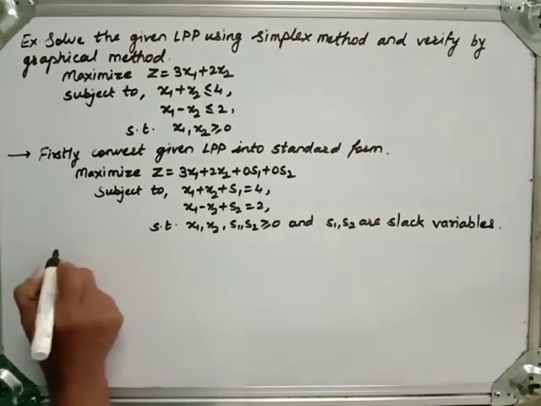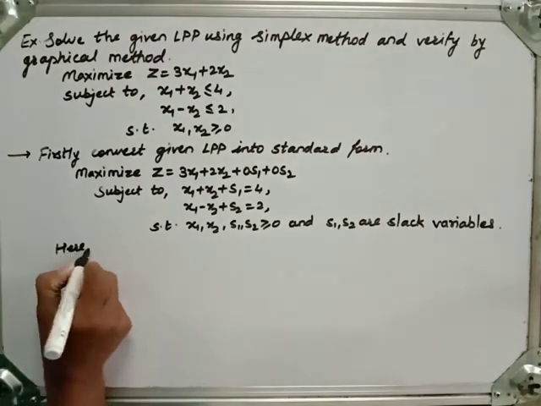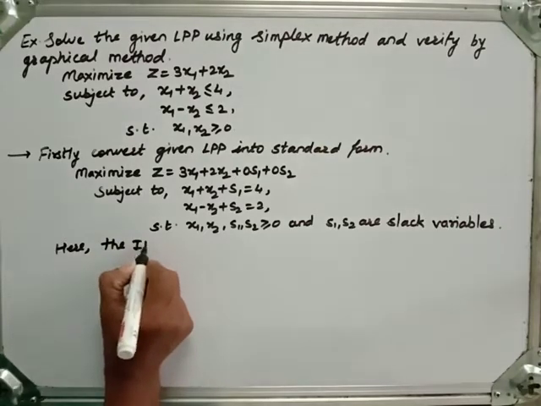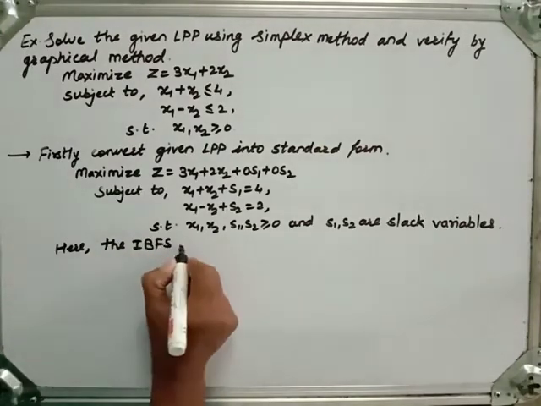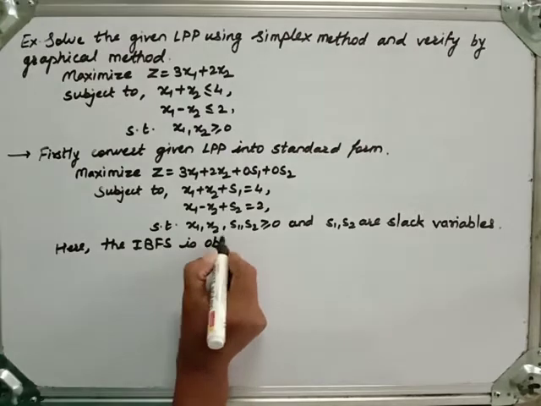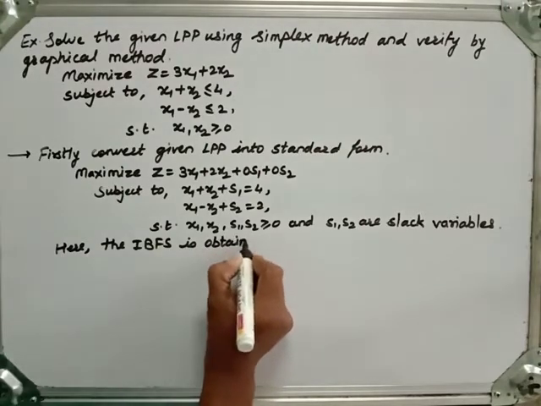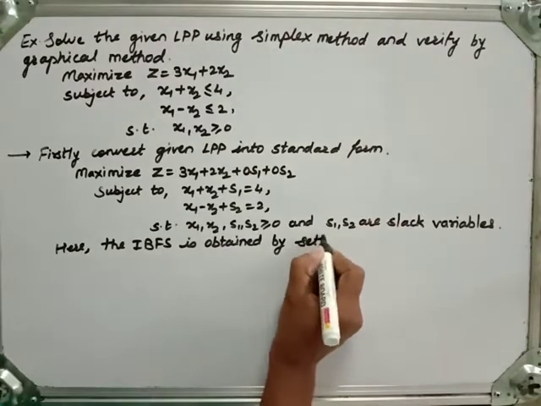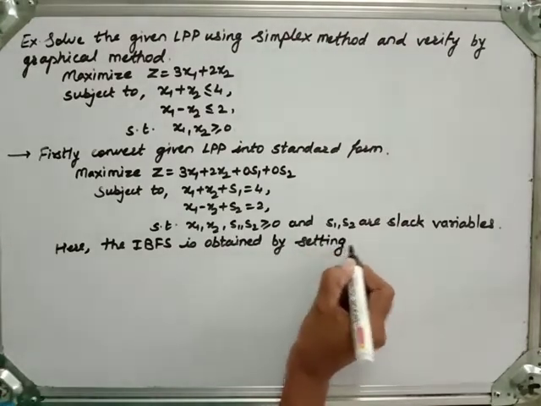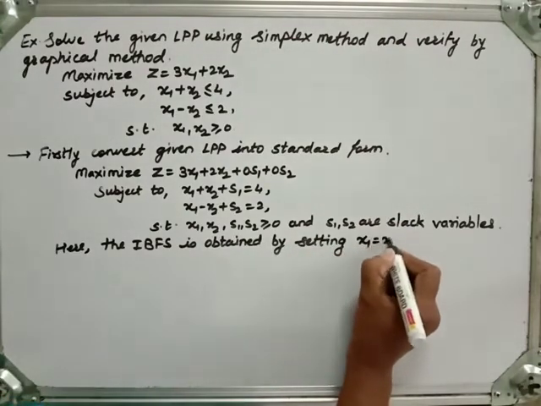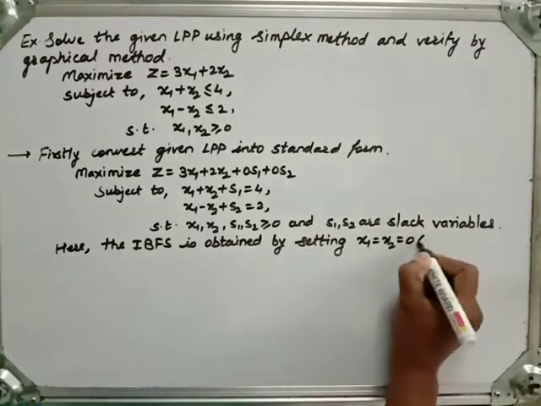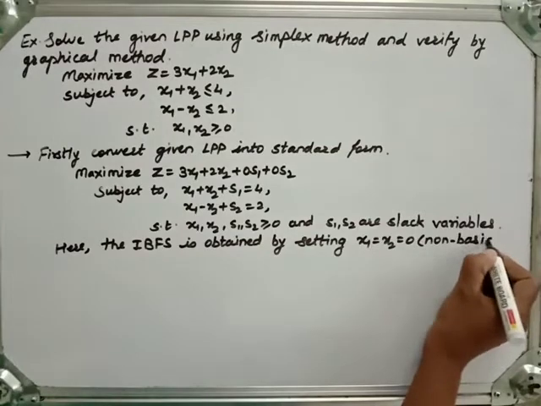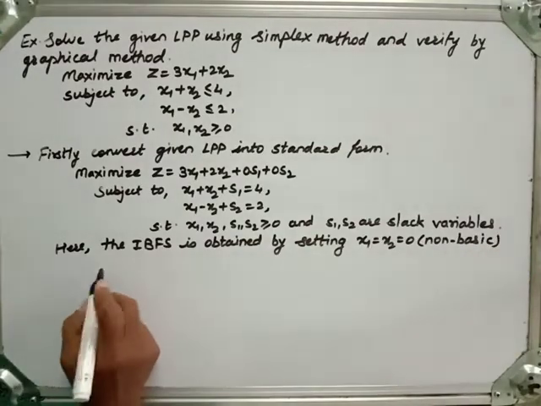Okay. Now to get the initial basic feasible solution, the IBFS, we will obtain it by setting the decision variables to 0, by setting x1 equal to 0 and x2 equal to 0. These are non-basic variables.